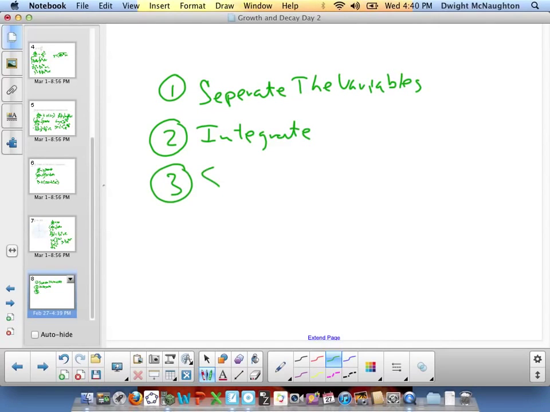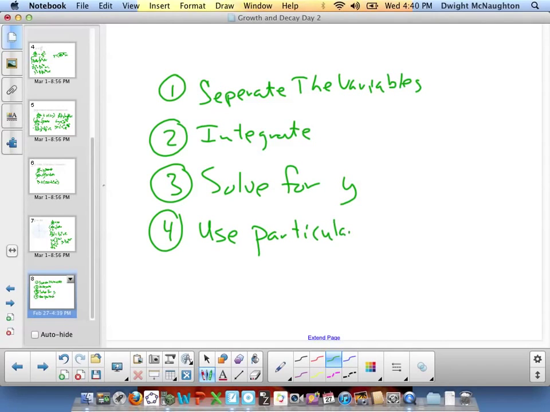Step 3, solve for y or p or whatever you're being asked to solve for. Then step 4, if you have it, use your particular solution to solve for constants and get a specific solution.